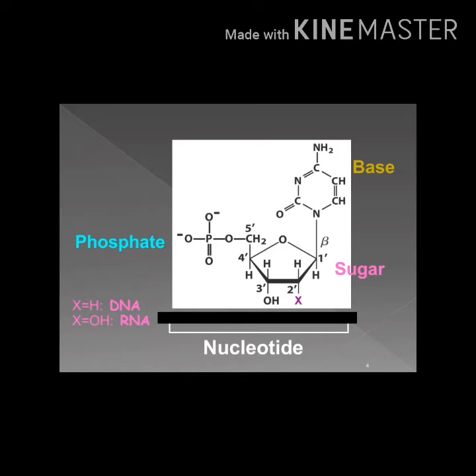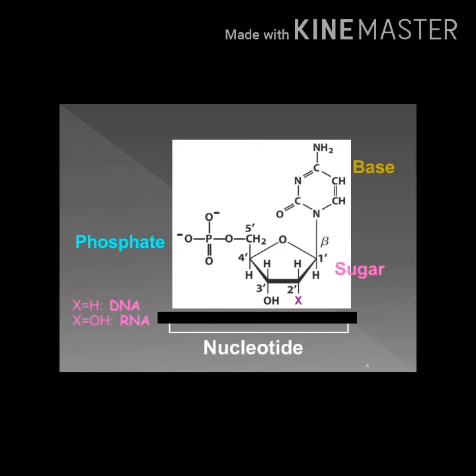Here at carbon number 2, the DNA is lacking one oxygen, so that's why it is known as deoxyribonucleic acid. And in case of RNA, at the second carbon position there is an OH group, therefore the sugar present in RNA is a ribose sugar.